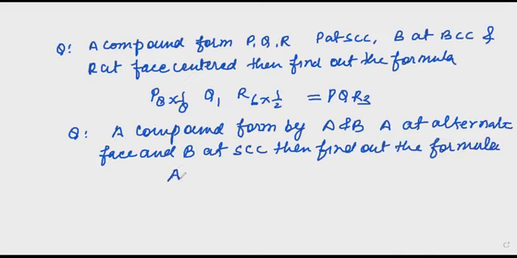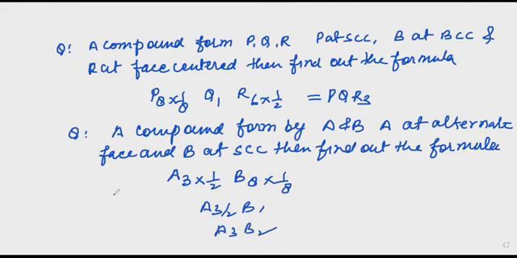So A at alternate faces means only 3 faces there. The participation is 1 by 2. B is SCC, 8 into 1 by 8. So this is A 3 by 2 and B is 1. So the formula is A3B2. Clear? So this is an important question. After that we are coming to the next question.